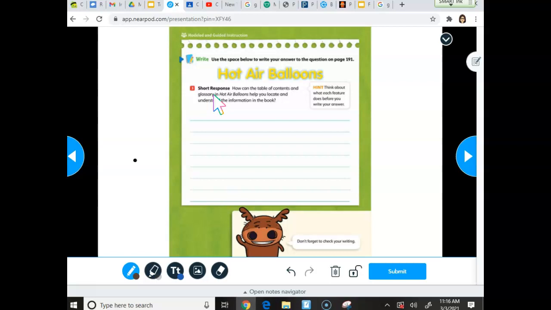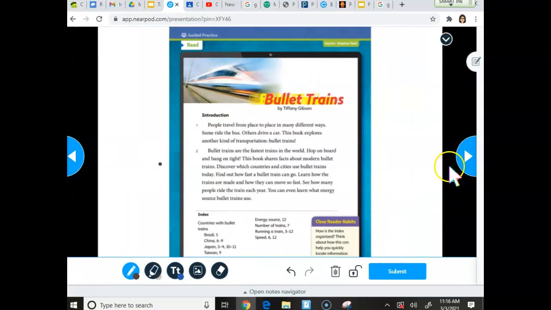All right. Now, we're going to read a new passage today. All right, this is another science text. So it is nonfiction. All right, first we're going to read to understand what the text is about.